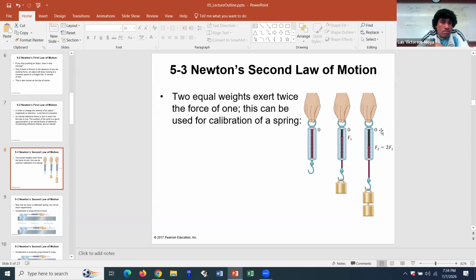Double the weight. Okay? And these springs, by the way, are a device that you can use in real life. We can use them to measure the mass of luggage. They look like a hanger. You leave your luggage on it, and it will tell you the exact weight.